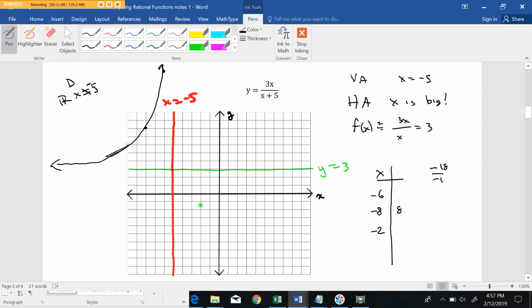How about x equals 0? If we put 0 in, we get 0 up top and 5 in the bottom, so we know it goes through 0, 0. That's probably enough to sketch this. It's got to approach the asymptote. A couple more points would have been nice in here, but that's good enough. There we go. Not the best example here, but good enough.